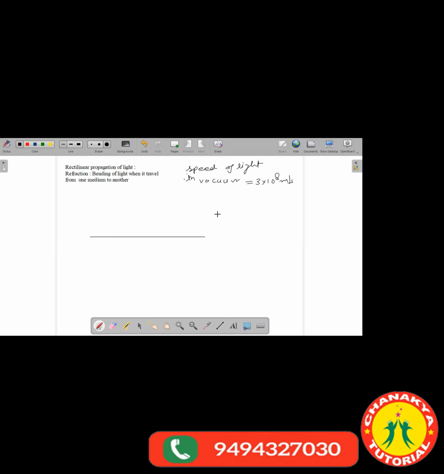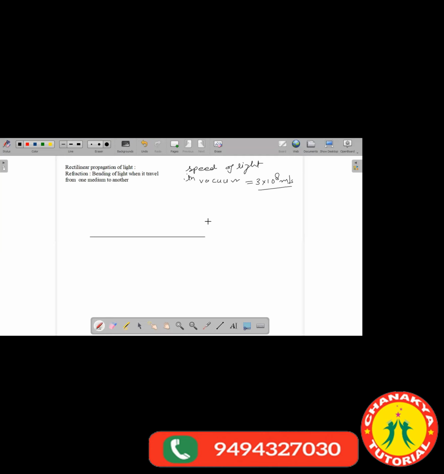The speed of light in any other medium is less than this. So this is the fastest speed. The speed of light in water, in glass, in diamond will be less, and different for each substance.